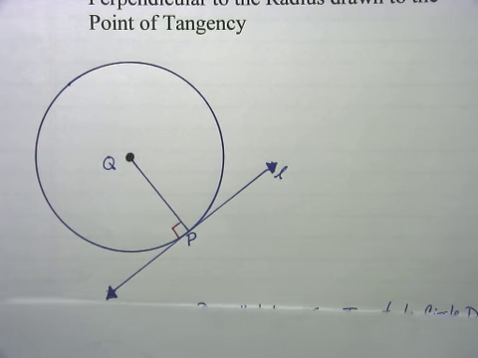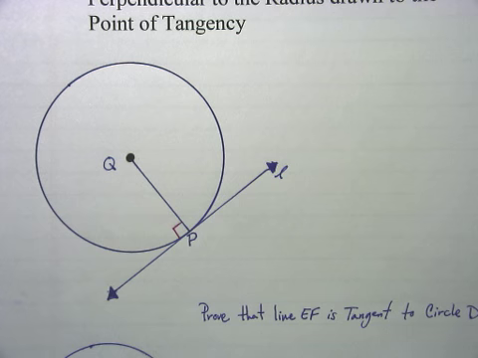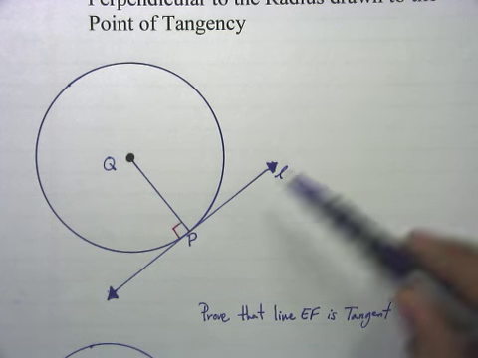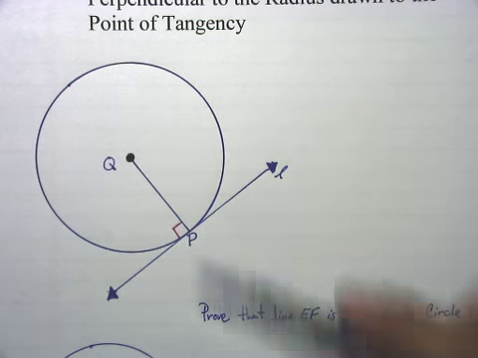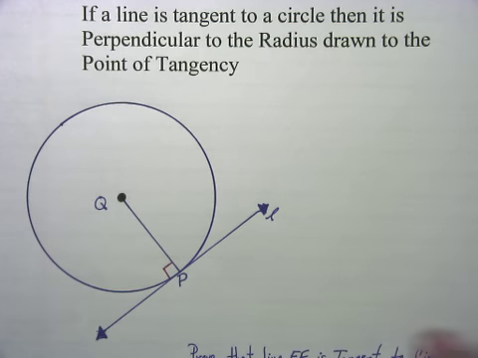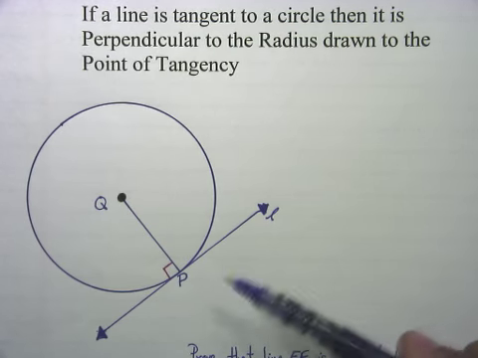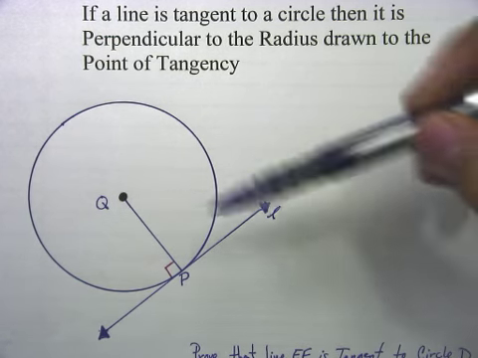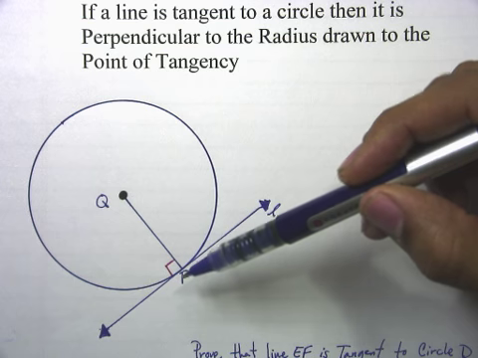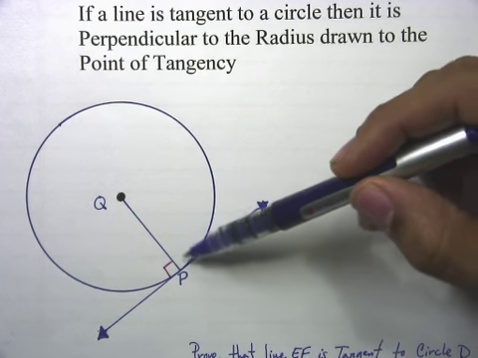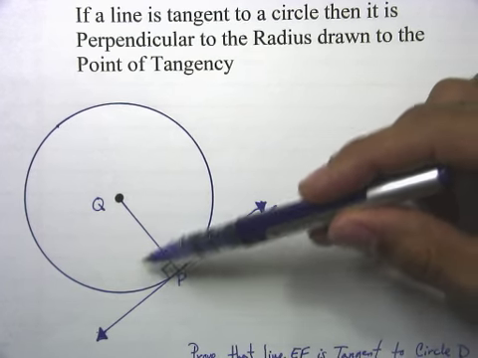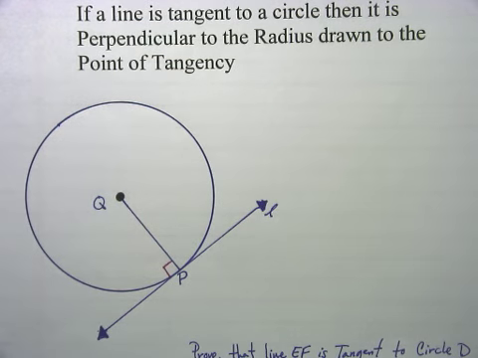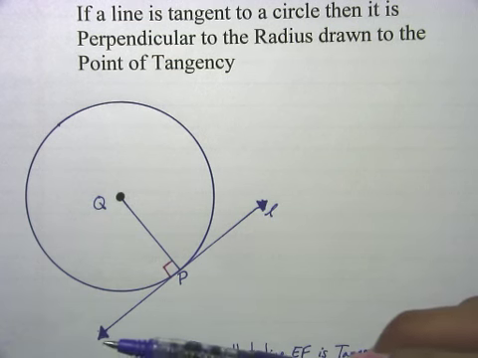What does that mean in plain English? Well, here I have circle Q, and here I have line L tangent to circle Q at point P. If this line is in fact tangent to circle Q, then when I draw a radius to it, this line will be perpendicular with that radius, making a 90-degree angle.